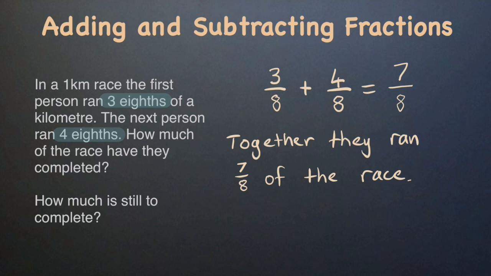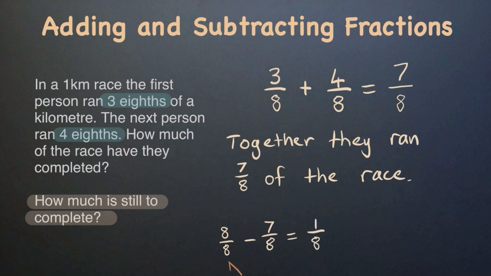Now the next part of the question was how much still to complete. All right, so for this part, this is actually a subtraction question, and it starts off with a full race, which is going to be 8/8. 8/8, take away the part that they've already done, which is 7/8, and that's going to leave us with 1/8.